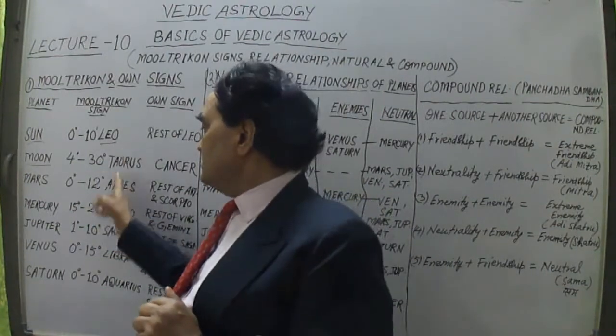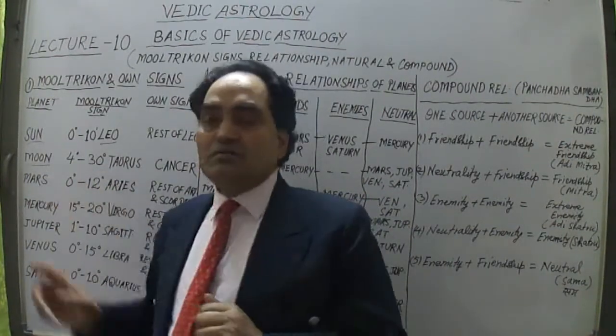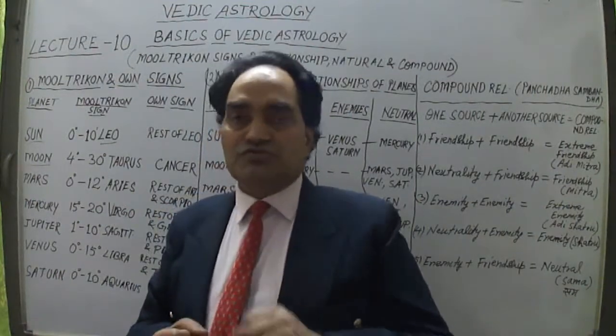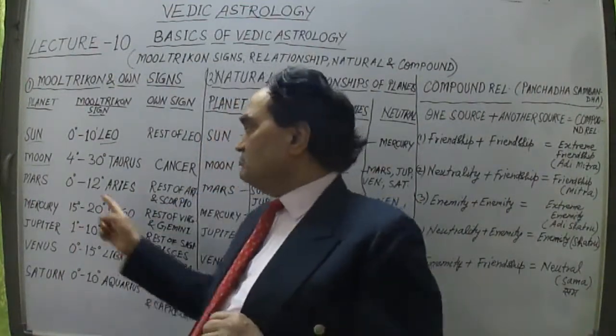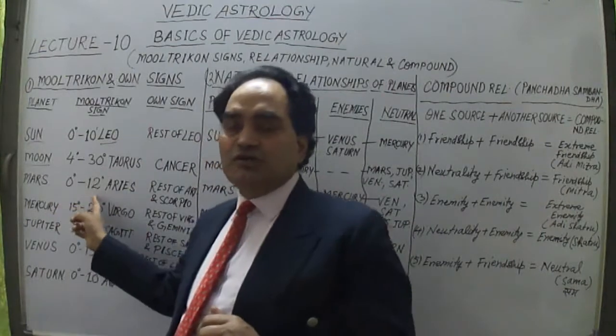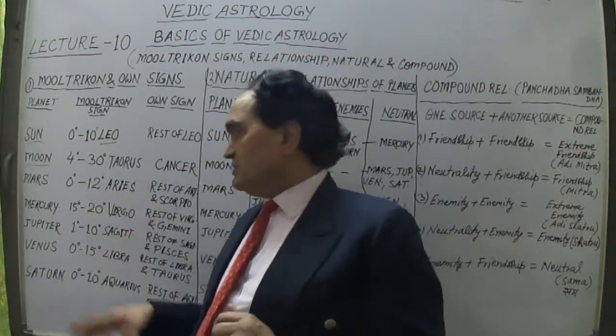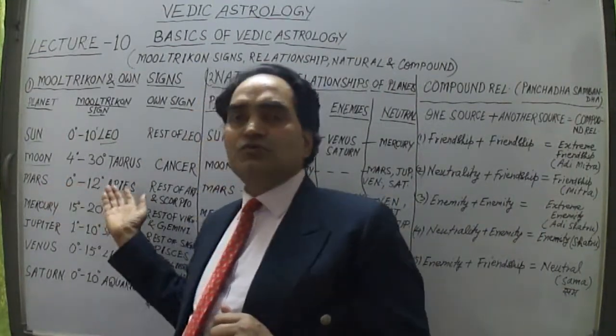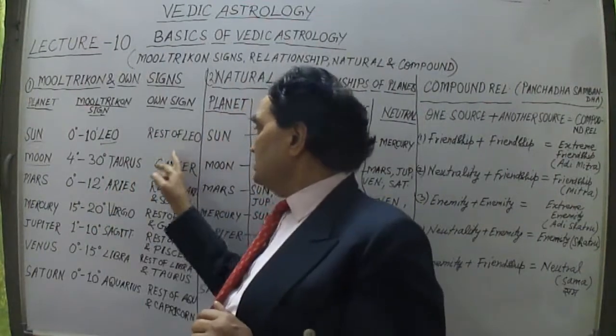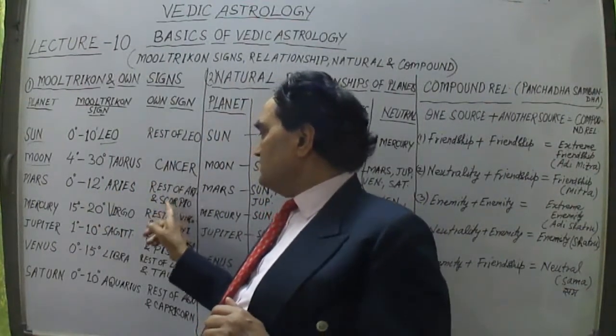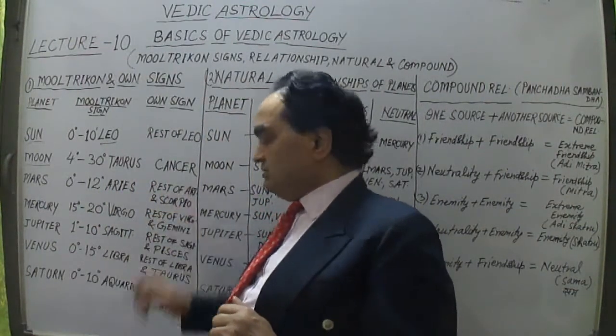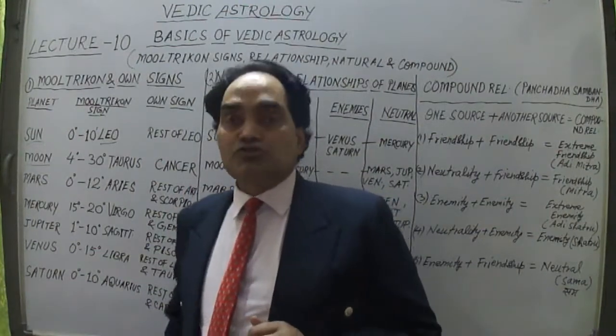This is the Aries sign in which Mars has its Mooltrikon sign, right? Mars's Mooltrikon sign is from 0 degrees to 12 degrees in the Aries sign. Then what is his own sign? The rest of the Aries sign, and Scorpio sign.